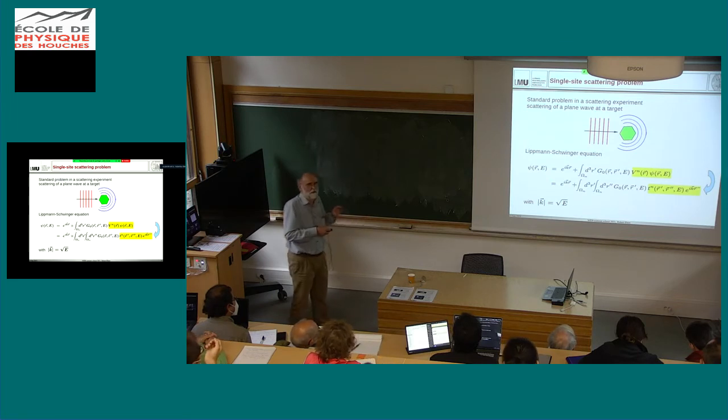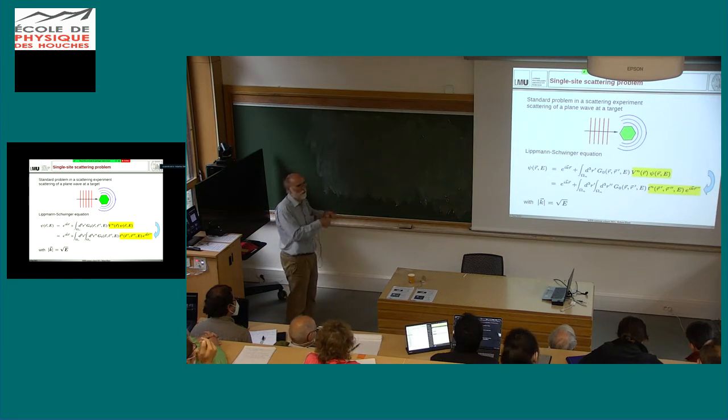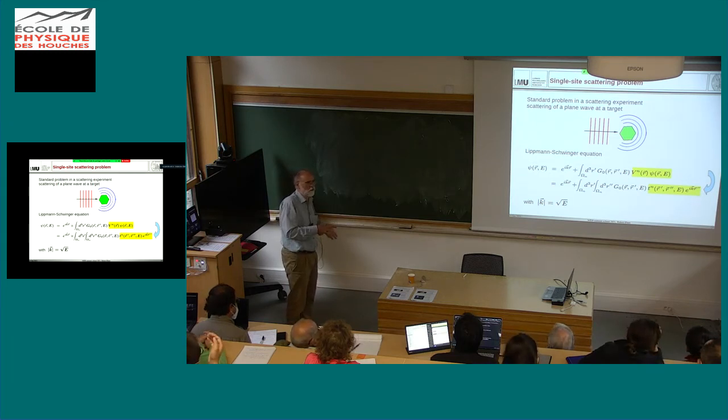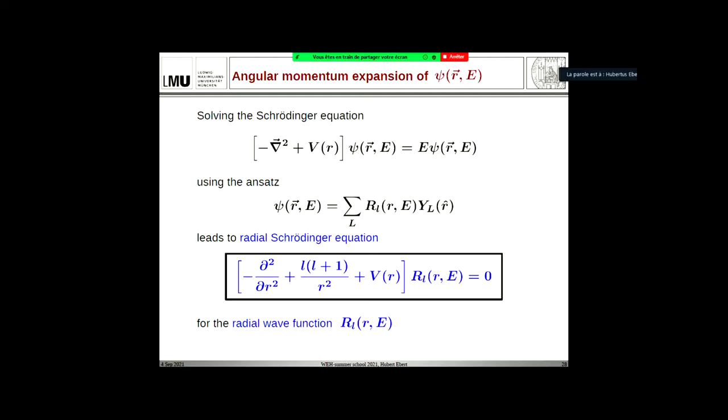In this sense, the single-site problem is still a multiple scattering problem, but the multiple scattering takes place inside our target. What we are later interested in is only how that scattering inside the target shows up outside, and we can represent it at the end by a corresponding matrix.